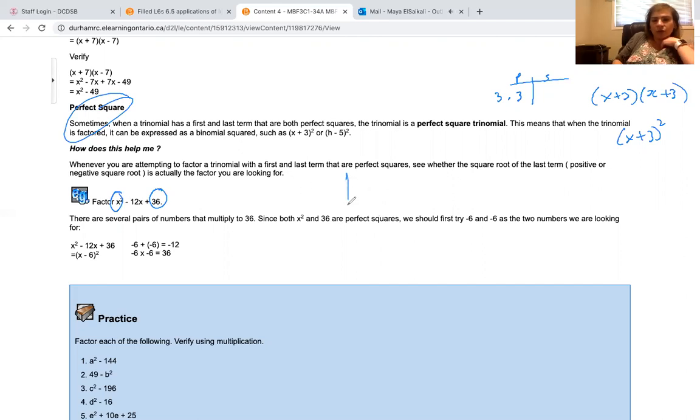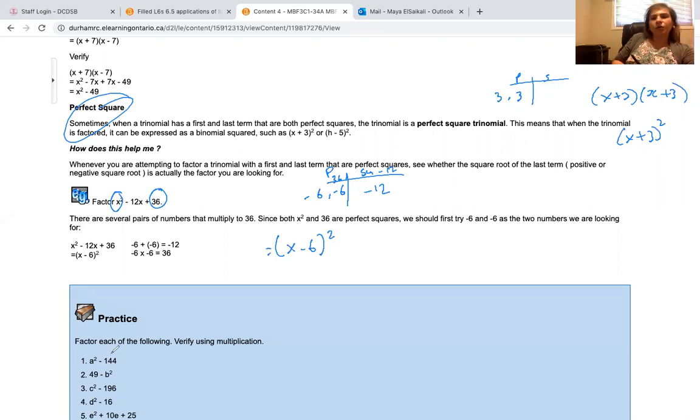So if I'm looking for a sum and product here, a product of 36 and a sum of -12, because 36 is a perfect square, I have to think about what multiplies to 36. We know it's 6 and 6. It's going to be -6 and -6, and that adds to -12. So I know right away that my factor is going to be x minus 6 squared. Okay.